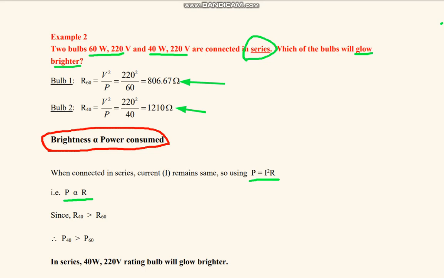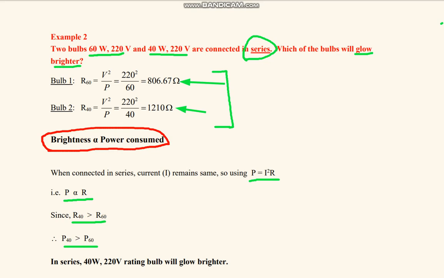As we have already found, the resistance of the 40 watt bulb is 1210 ohms and of the 60 watt bulb is 806.67 ohm. So the resistance of the 40 watt bulb is greater. Hence the power of the 40 watt bulb will be greater than the 60 watt bulb.